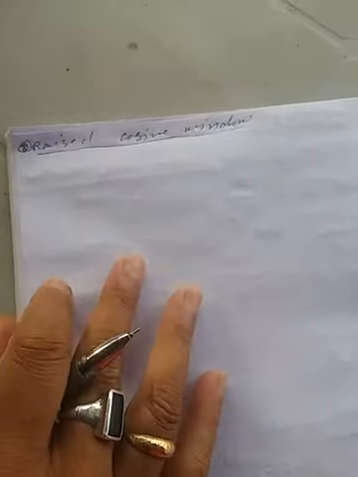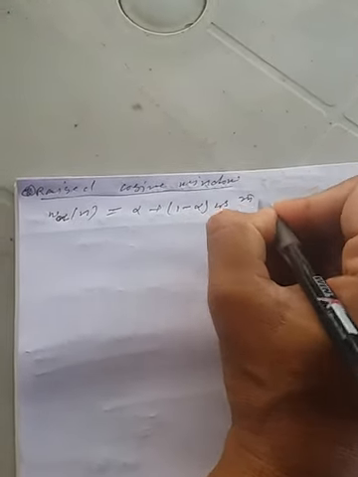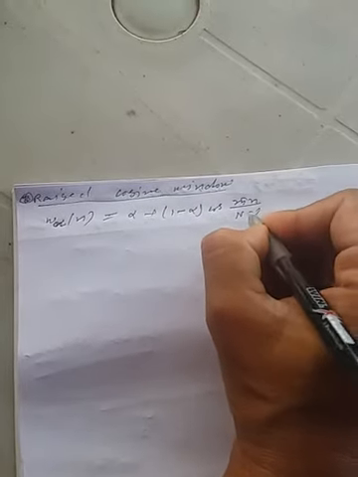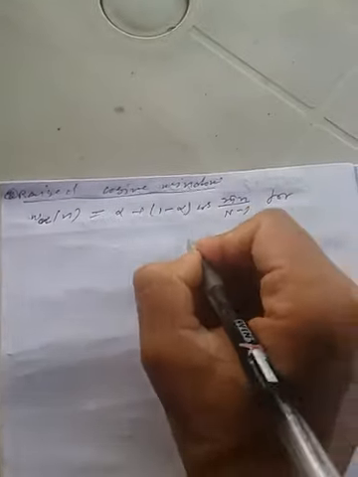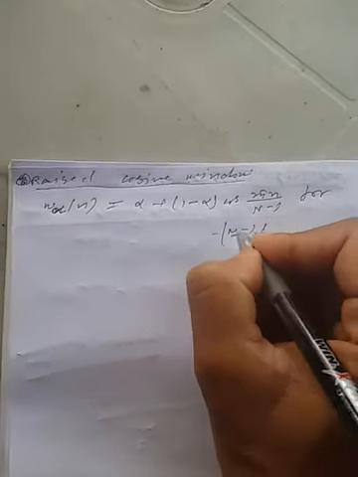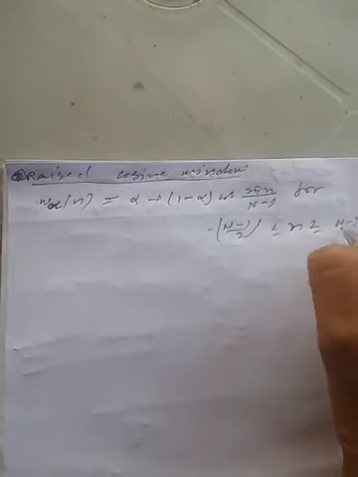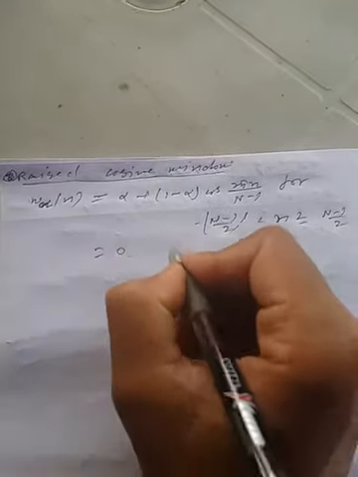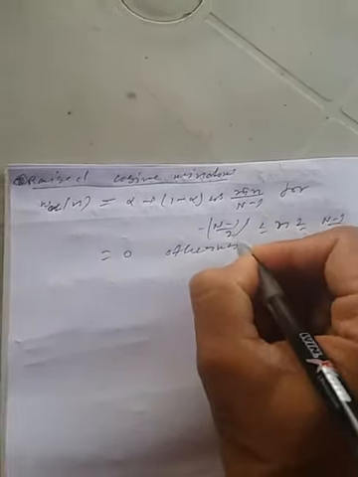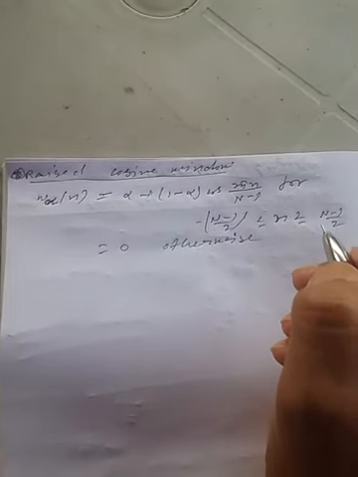The raised cosine window can be mathematically expressed by this expression: omega alpha of n equal to alpha plus (1 minus alpha) cos 2 pi n by capital N minus 1 for minus (N minus 1) by 2 less than or equal to n less than or equal to (N minus 1) by 2, equal to 0 otherwise. Okay, so this is the raised cosine window.